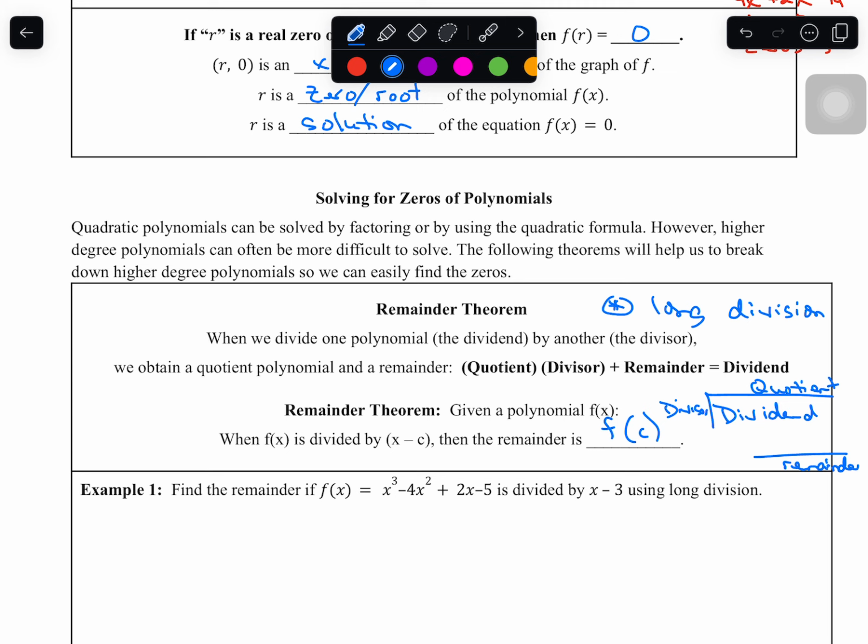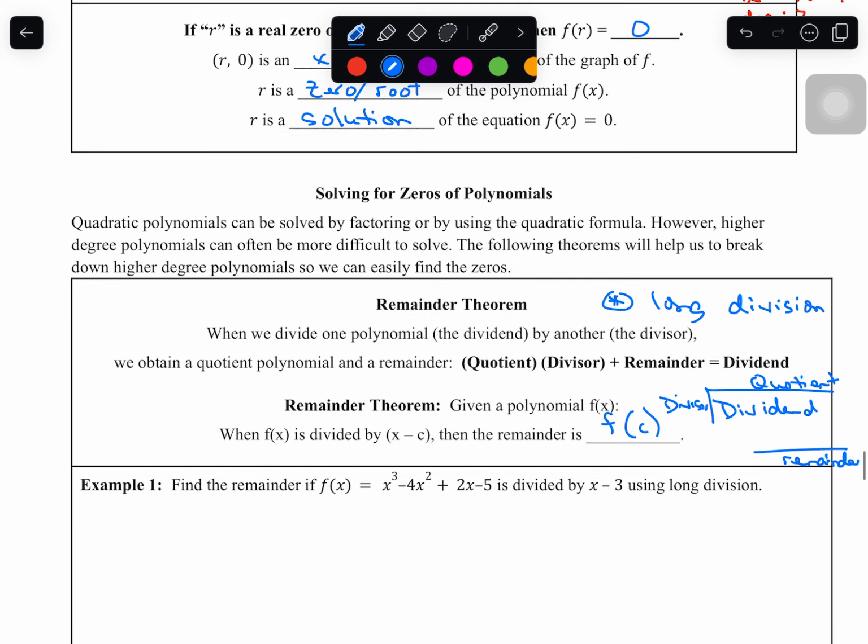They're saying the exact same thing, just two different ways. So we can use this to our advantage, and we can use the fact that we can take polynomials and divide them to figure out what the remainder is. And if there isn't a remainder, we'll see in a minute, that we can then say that that is a factor of the polynomial.